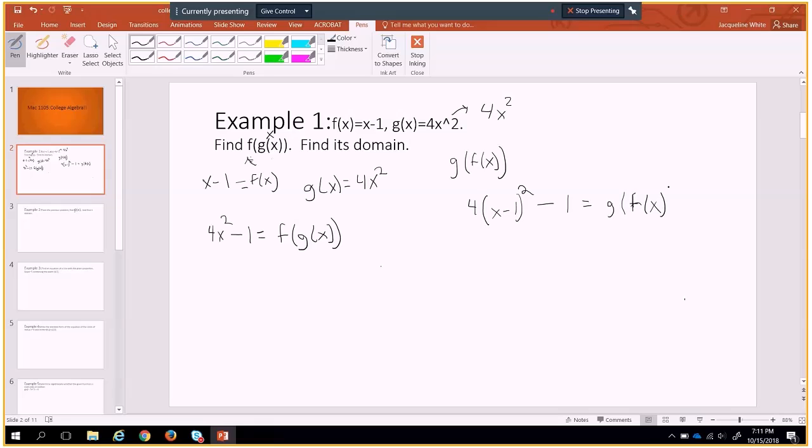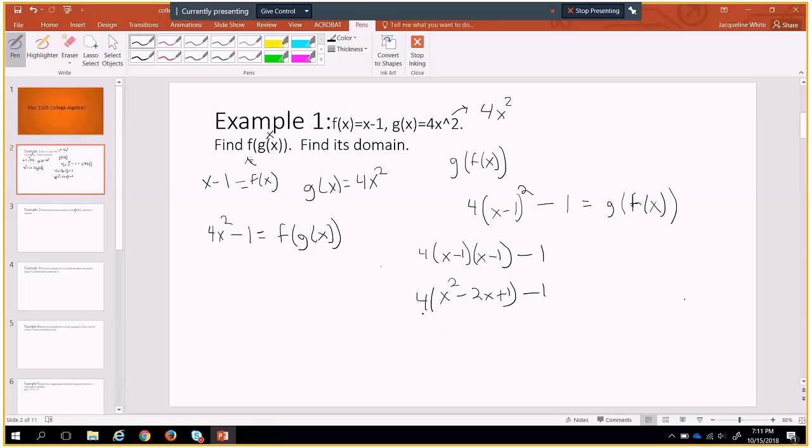I know some questions want you to simplify this, so let's simplify it out. That's 4 times x minus 1 times x minus 1, minus 1. That's just FOILing, so it's x squared minus 2x plus 1, times 4, minus 1.